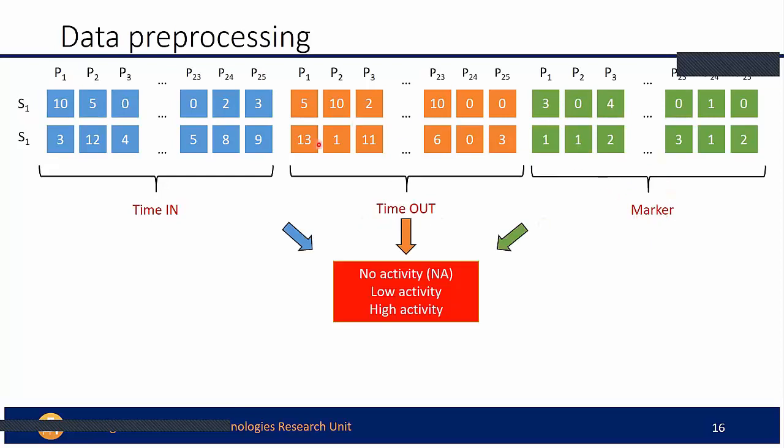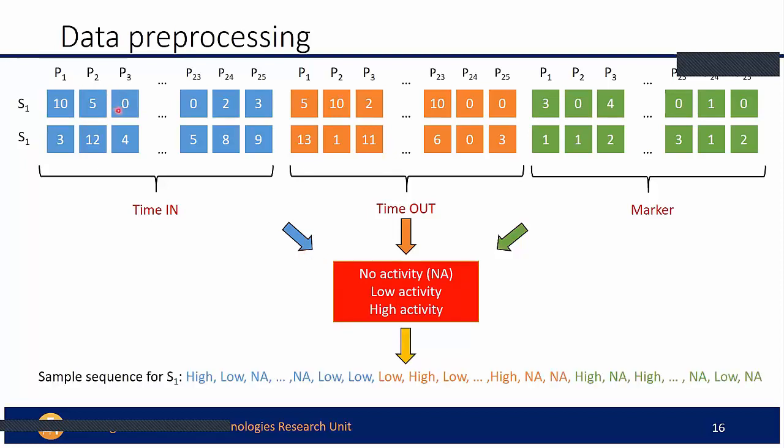After that, we categorize this data into 2 levels, low and high activity. And if there is no activity, we label it as no activity. For example, if it is a 0, we call it no activity, which means that the student doesn't have any activity on that page. After this conversion, we got sequence data like this.